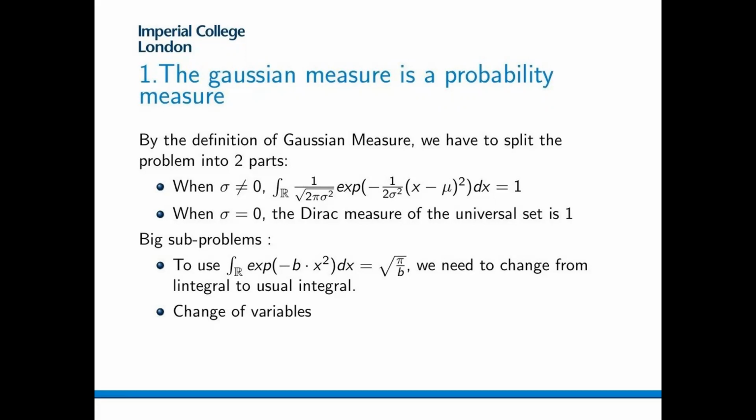The other case is more complicated. When sigma is not 0, we need to prove the integral of the Gaussian density function equals 1. But in Lean, everything becomes more complicated than when we do it by hand.